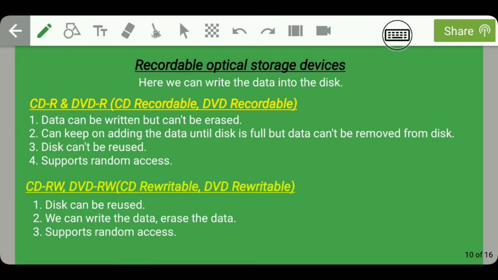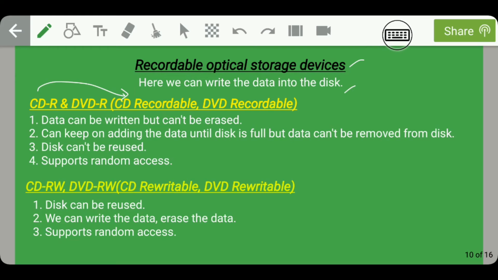Guys, talking about the second type of optical storage devices, that is recordable optical storage devices, here we can write the data into the disk. So the first example of this recordable optical storage devices is CD-R and DVD-R. The CD-R stands for compact disc recordable, whereas DVD-R stands for digital versatile disc recordable.